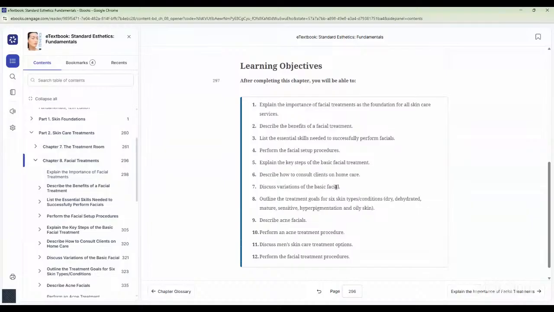Number 9, describe acne facials. In order for you to describe acne facials, you have to understand the grades of acne. You have to understand what causes acne. And then you have to study treatments of acne. If you're going to describe acne facials and you come into contact with a client that has some acne going on, you've got to find out what level of that is and what caused it.